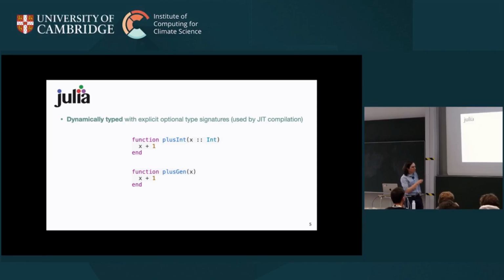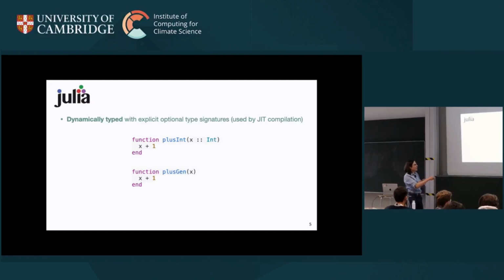And so this is a type signature. I'm using double colons. That's the Julia syntax. And it says, okay, it's an integer, and then it's returning x + 1. So this is going to be compiled much more efficiently than this operation down here, where we haven't really said what this could be. And this plus operation in Julia gets overloaded. You can do plus on lots of things.